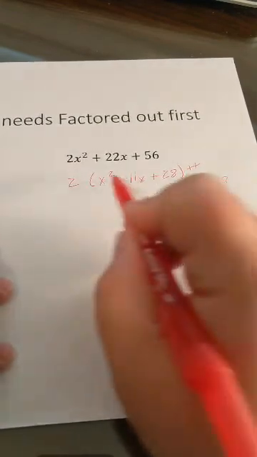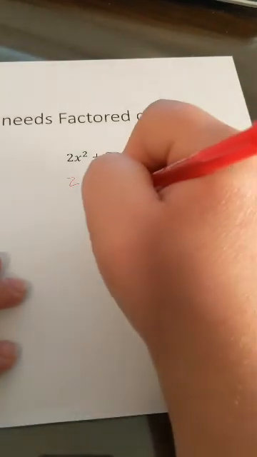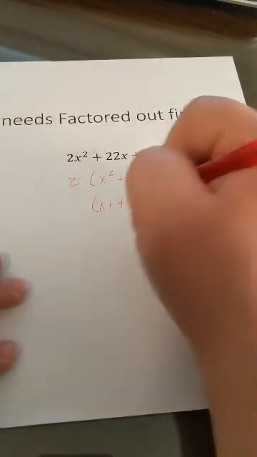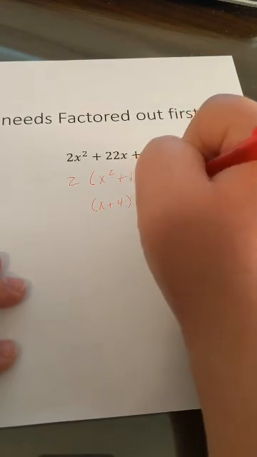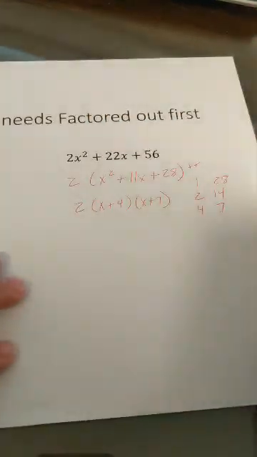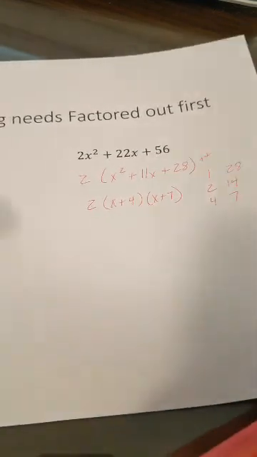So those will add to 11. So then we'll come here and do x plus 4, x plus 7, but don't forget about this 2 out front. So that then is your whole answer.